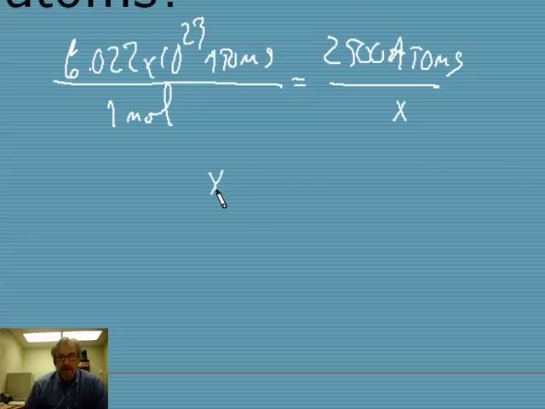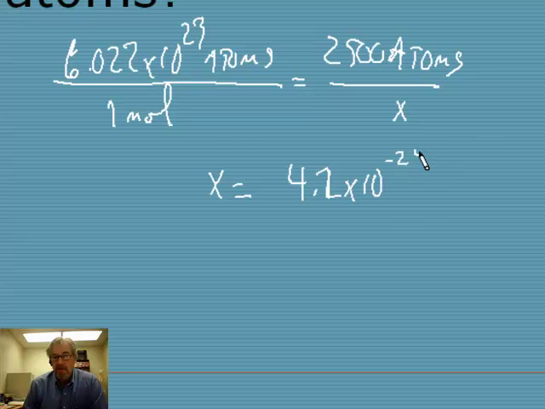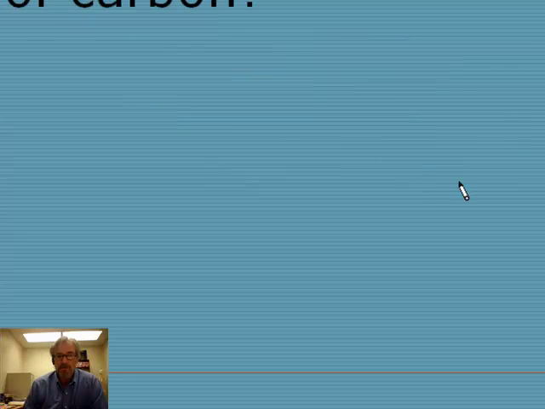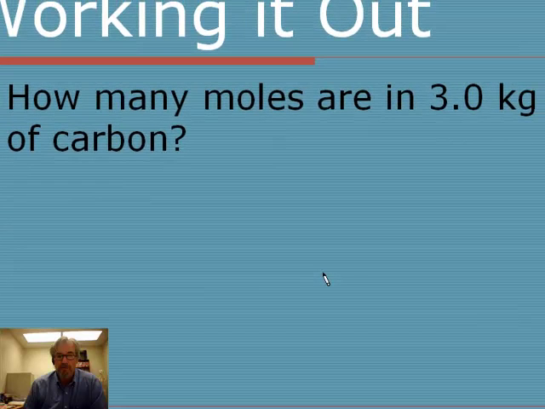When I cross multiply and divide, it's 2,500 times 1 divided by 6.022 times 10 to the 23rd, and I get 4.2, actually, times 10 to the negative 21 moles.